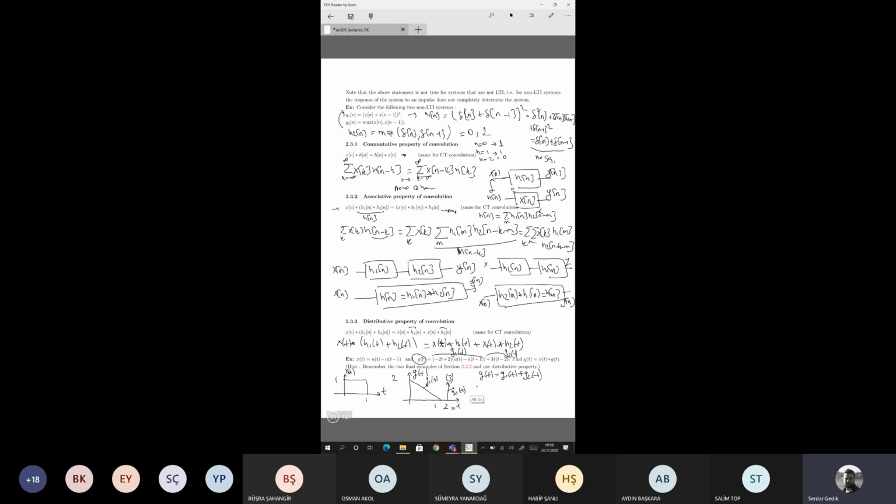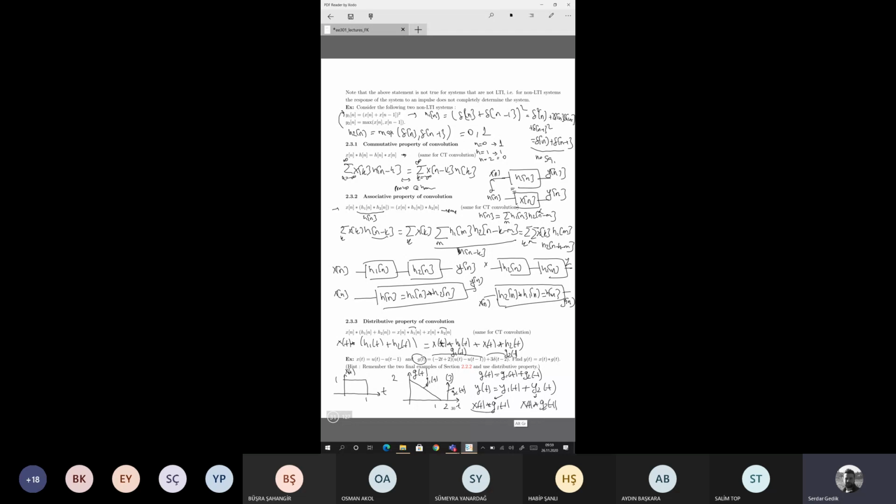And if I want to find the combined output y(t), it is simply y1(t) plus y2(t). And this y1(t) is x(t) convolved with g1(t), and y2(t) is x(t) convolved with g2(t).